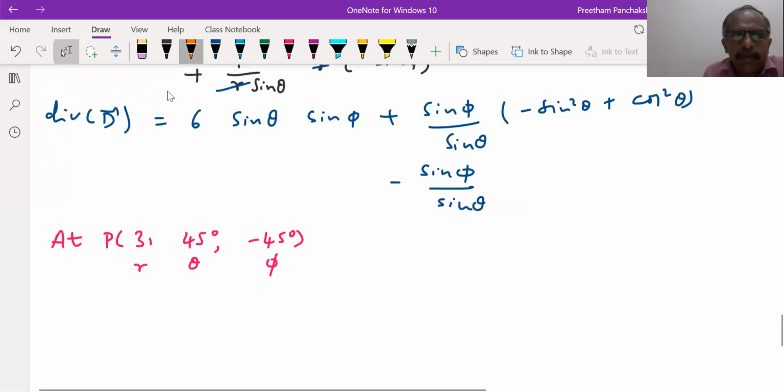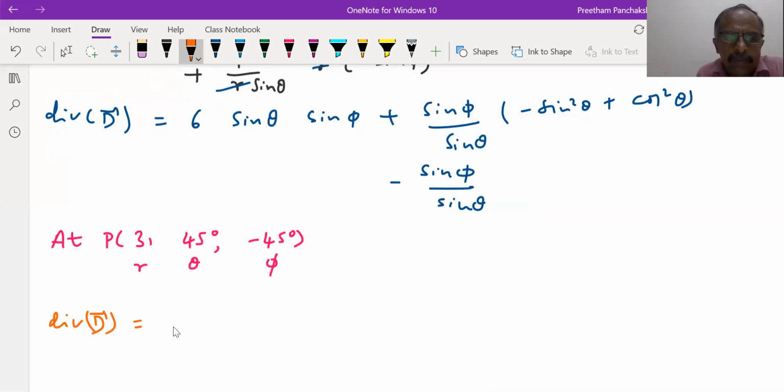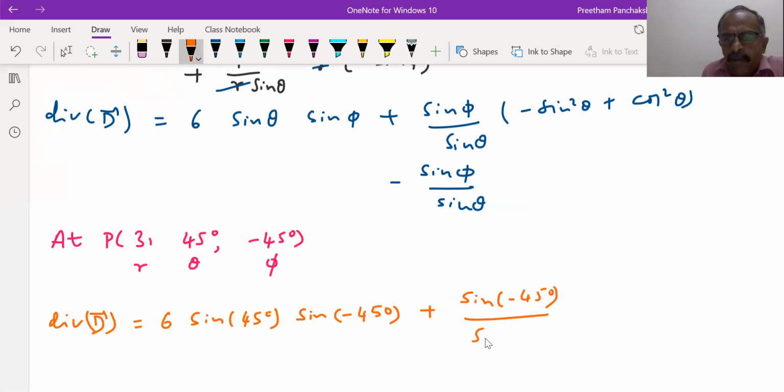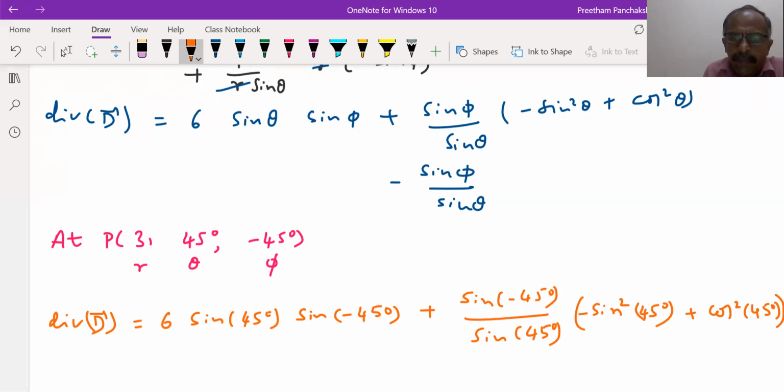So the divergence now becomes equal to 6 sin theta, so sin 45 degrees, into sin phi, sin minus 45 degrees, plus sin phi, sin minus 45 degrees, divided by sin theta, that is 45 degrees, into minus sin square 45 degrees plus cos square 45 degrees.